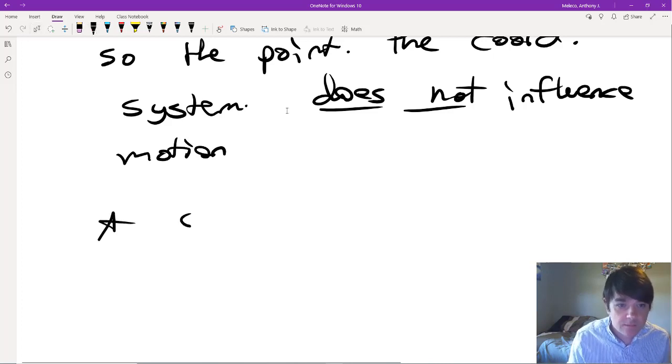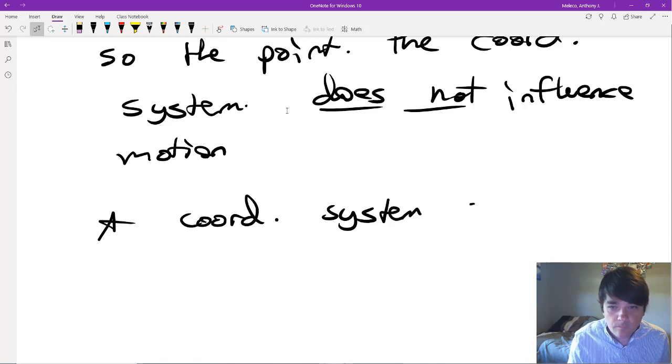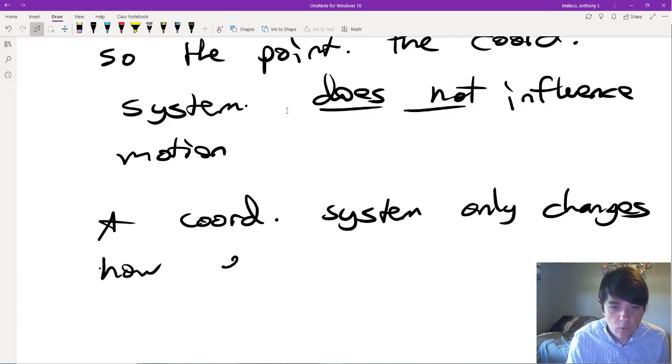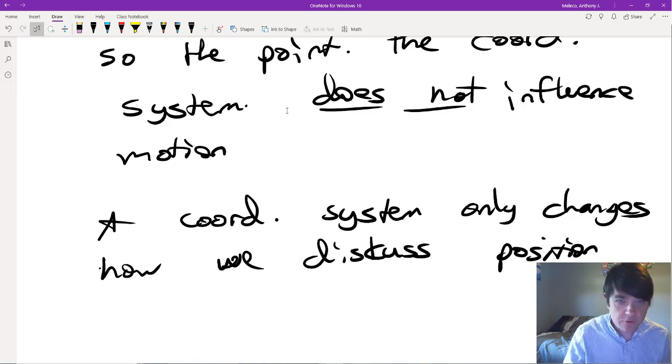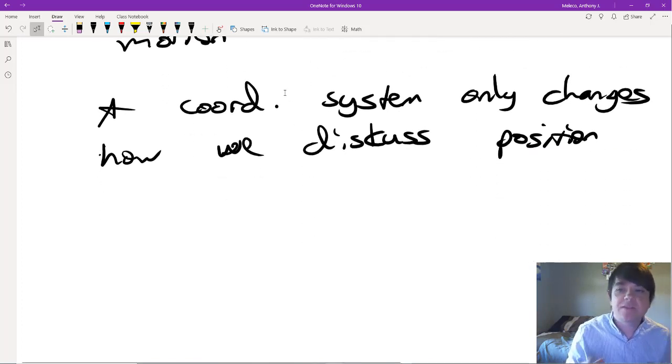A coordinate system only changes how we discuss position, okay? And some of the other terms, okay? How we discuss motion. So that's all a coordinate system does. It's just an overlay atop what's already going on. Okay.